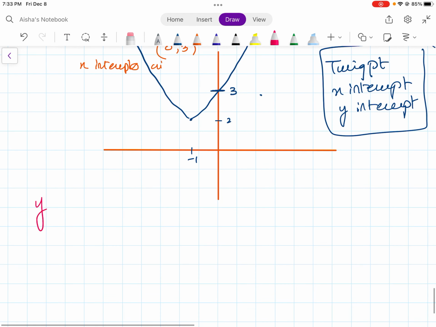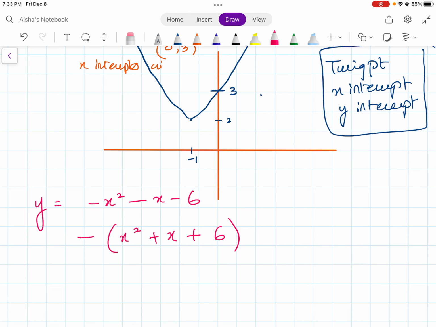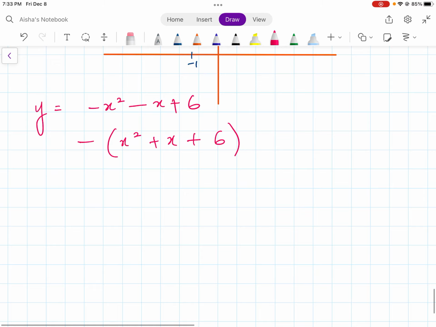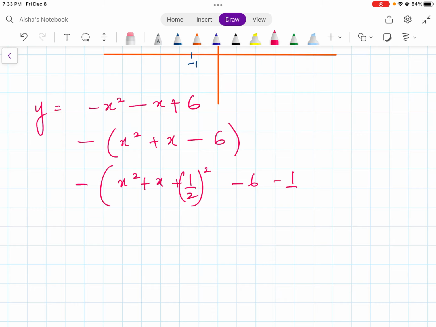Okay, I'll do one more example. y is equals to minus x square minus x minus 6. Take the minus sign common out. प्लस कर देते हैं तो ये माइनस हो जाएगा. Now let's change it into completing square. Plus half का whole square minus half का whole square, because 1 है यहाँ पे. 1 divided by 2 is half. x plus half the whole square.